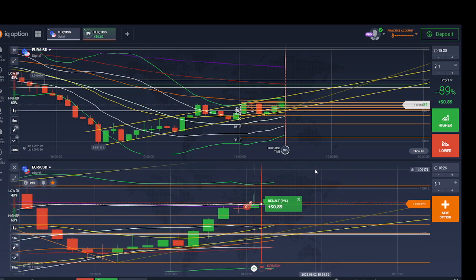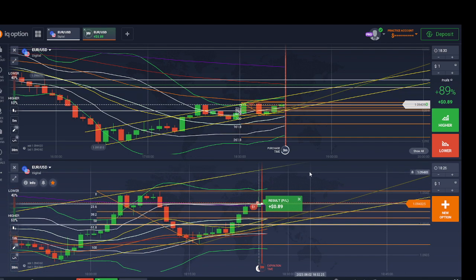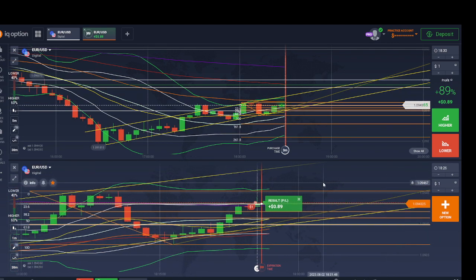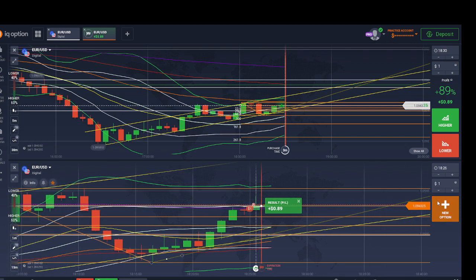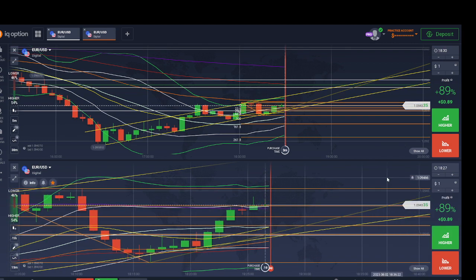See, this is a good level. You may find that okay, I'm going against the trend. No, it's not against the trend, but let's see what else we can do here.